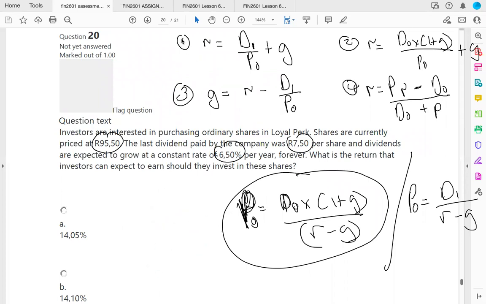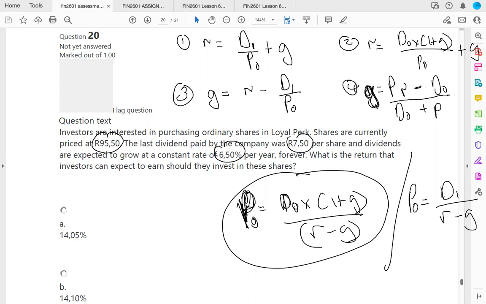So these are four really important formulas you just need to have on the side for the exam, such that if you're asked to determine the required return, where you've been given the expected dividend, the growth rate and the price, or the required return, where you've been given the current dividend, the growth rate and the price, or the growth rate, where you've been given the required return, the expected dividend and the price, or the growth rate, where you've been given the current price, required return and dividend.